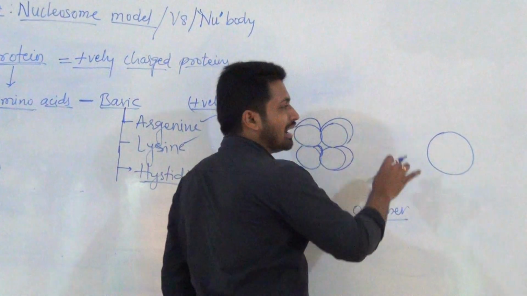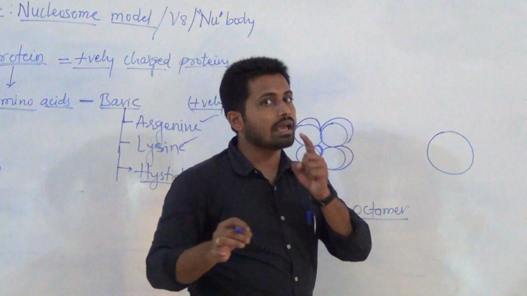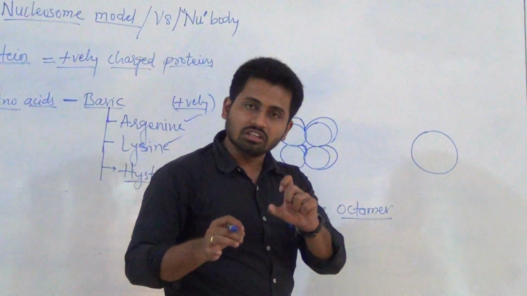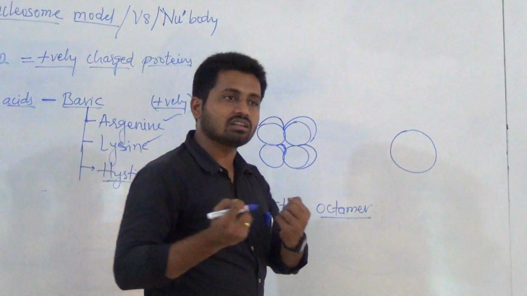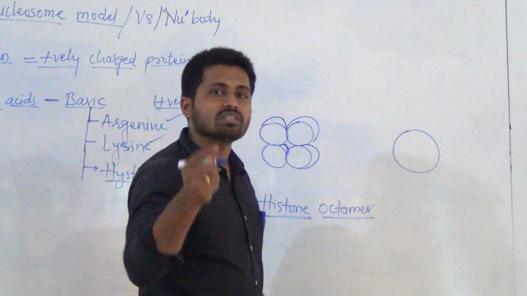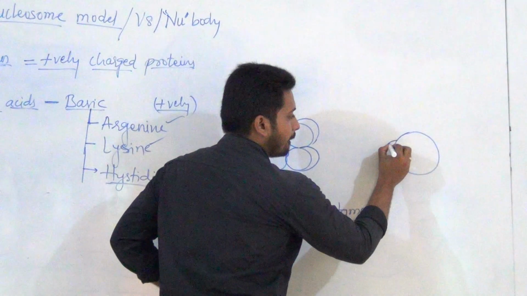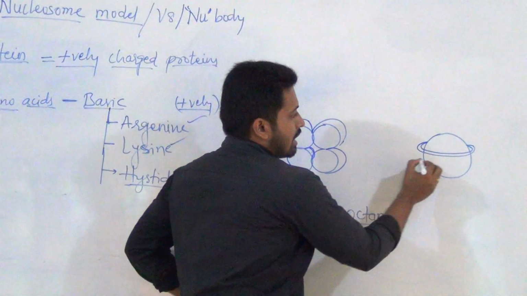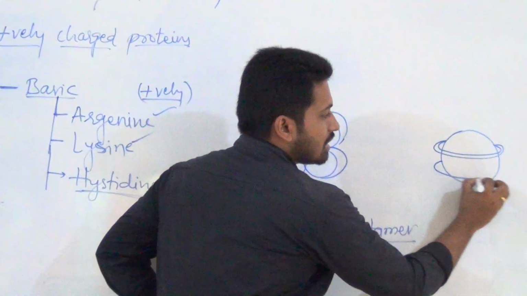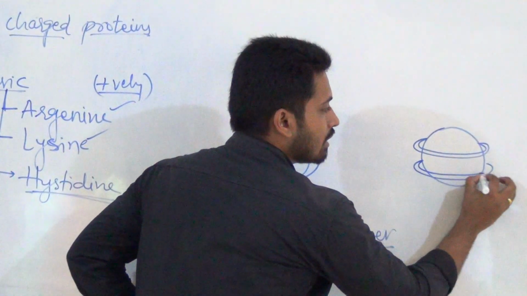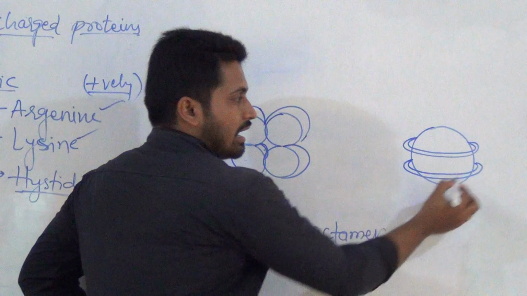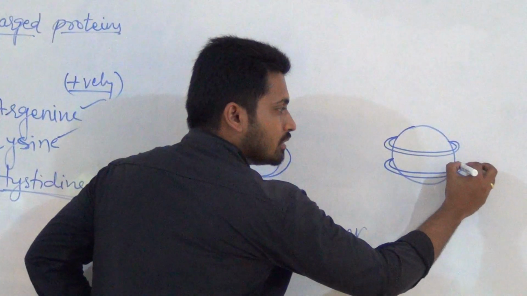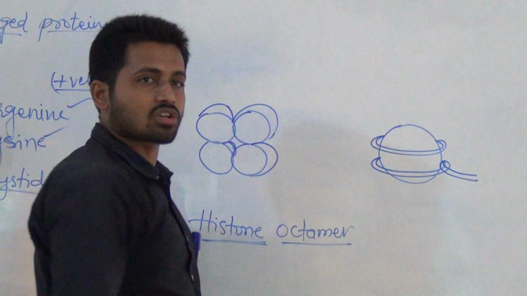Now these proteins, since they are positively charged in the nucleus, attract a negatively charged molecule, which is that? That is DNA. After this, it will turn like this and then it leaves from this round structure.